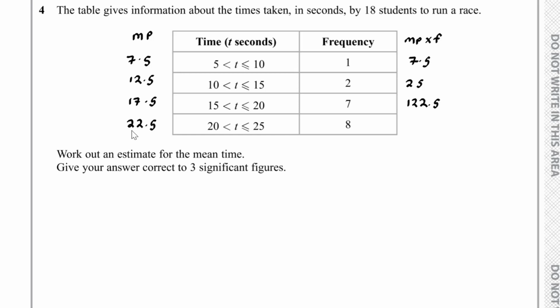And 22.5 times 8 is 180. Then if we add all these together, it turns out we get 335.